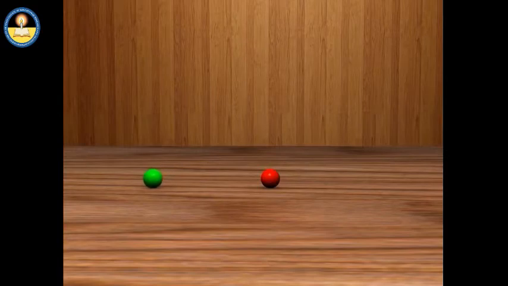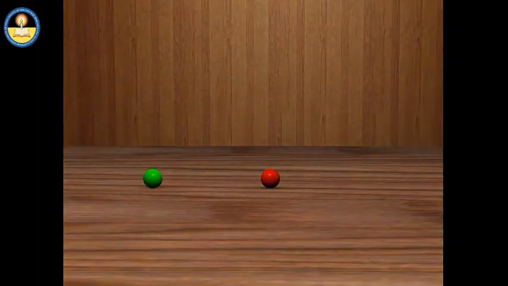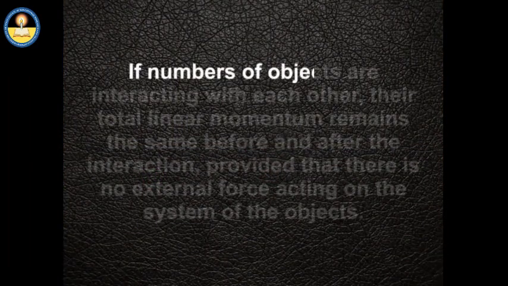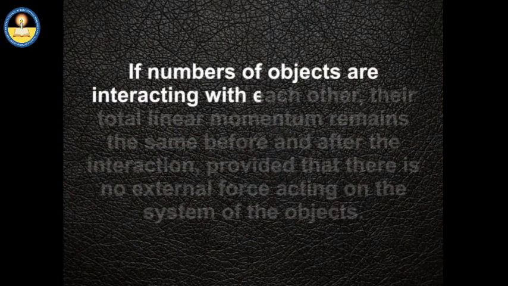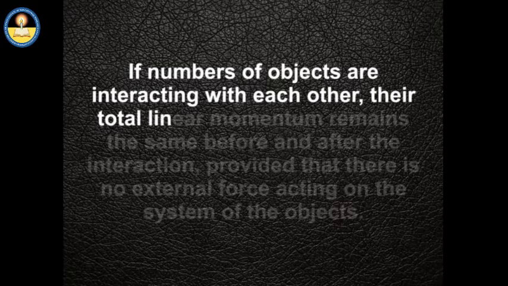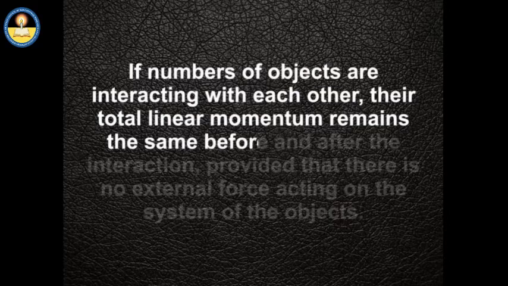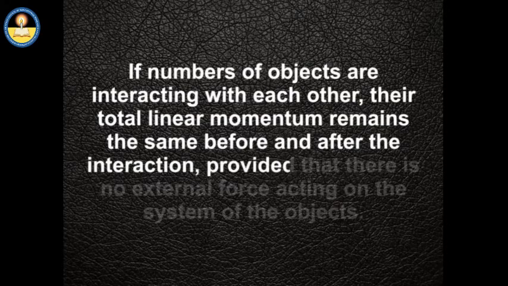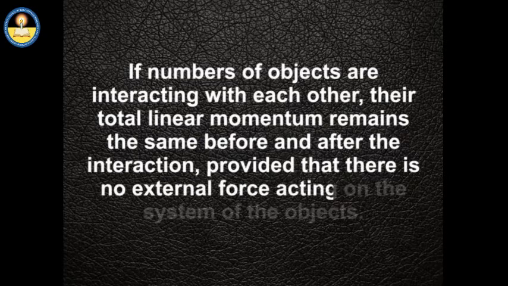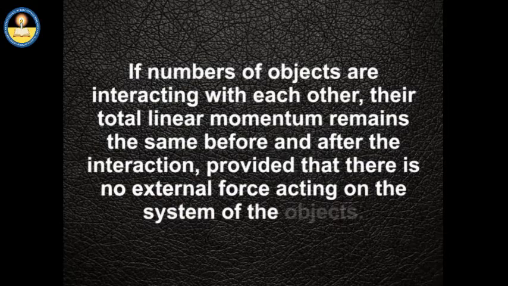This is due to the law of conservation of momentum, according to which if a number of objects are interacting with each other, their total linear momentum remains the same before and after the interaction, provided that there is no external force acting on the system of the objects.